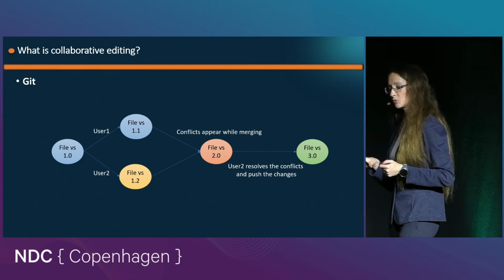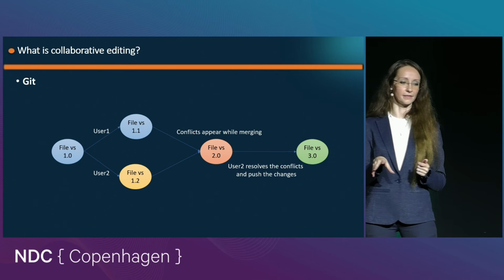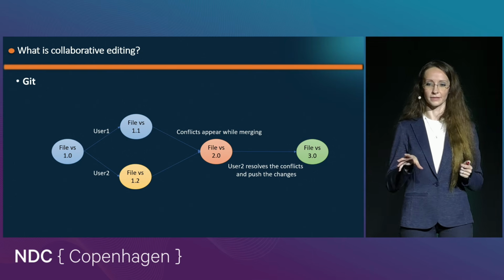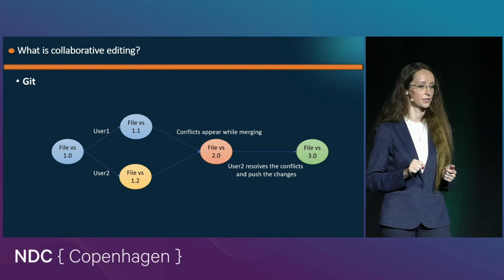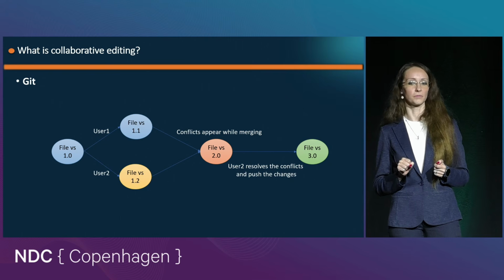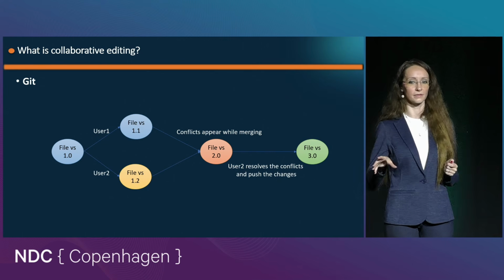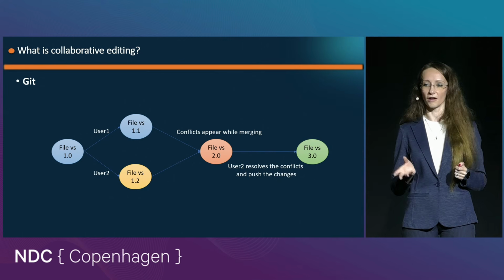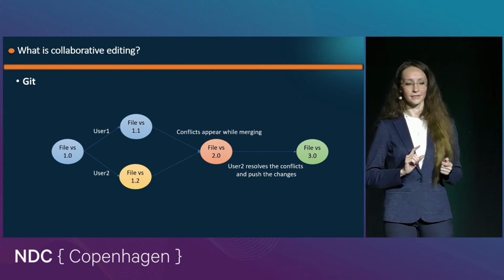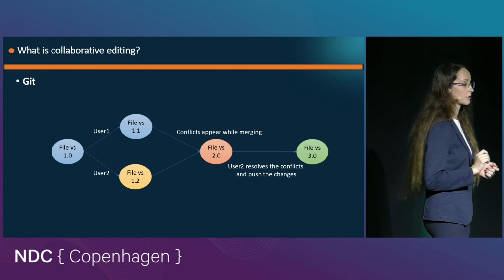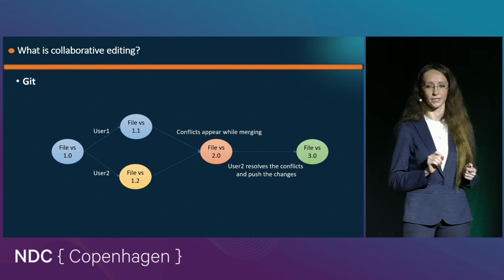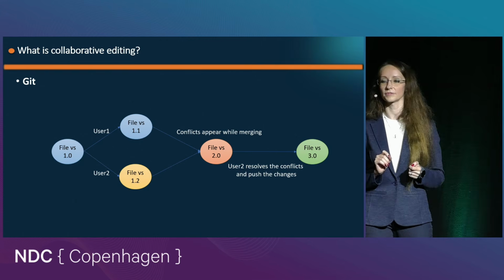Well, if we were to implement something like this to replicate what Git does in our own application, honestly, this would have been unusable because nobody wants to be prompted every minute to resolve some manual conflicts. On the other hand, we started to ask ourselves, what if those conflicts weren't meant to be solved manually?